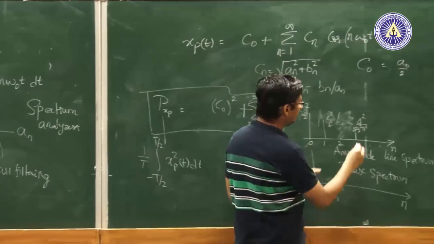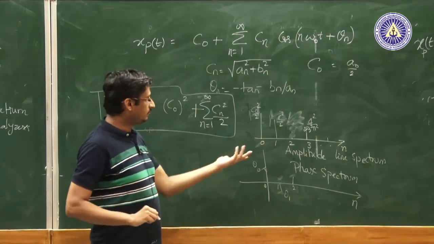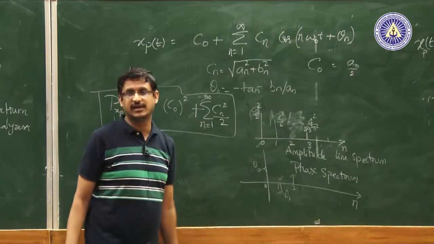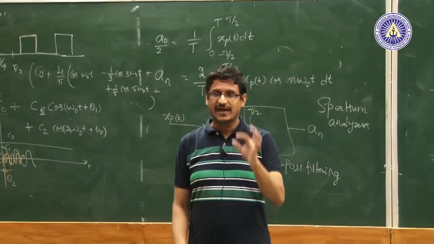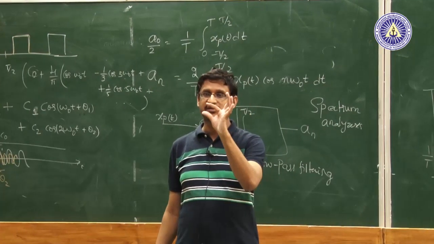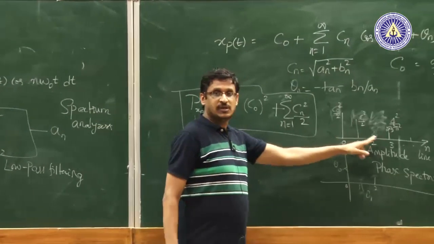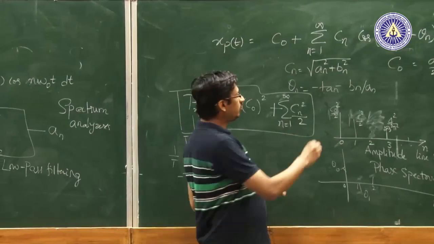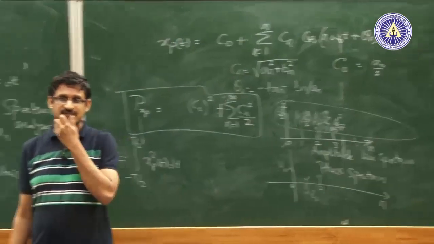You can clearly see that for that case these values decrease rapidly, and maybe after n equal to 7 or 9 for this signal, the values that you get, C7 square by 2 and C9 square by 2, will be so small that they do not really matter. Okay. Now, to obtain the average power, what you can do is to sum up all these values. Okay.